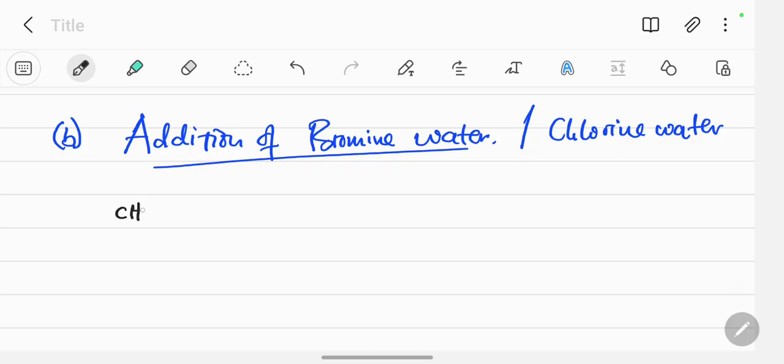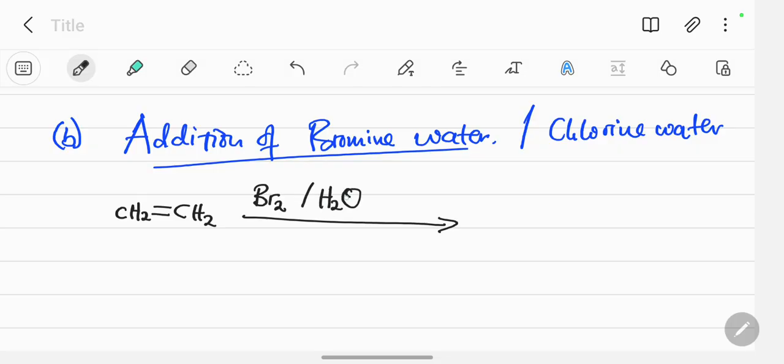Maybe our simple alkene, which is ethene, adding bromine water, it's going to give us CH2, bromine there and bromine there, plus hydrogen bromide.